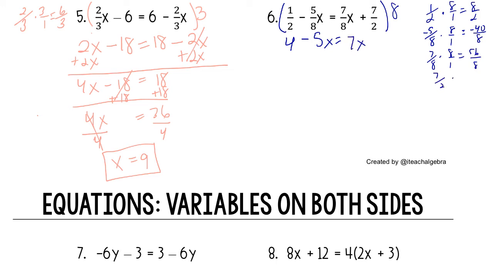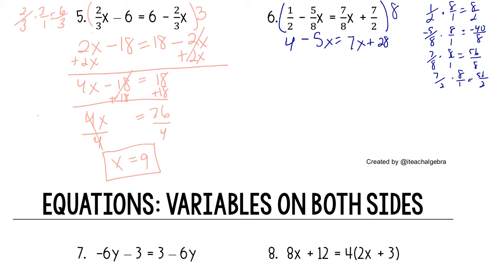And 7/2 times 8 over 1 is 56 over 2, which is 28. Now we have all whole numbers, all integers.